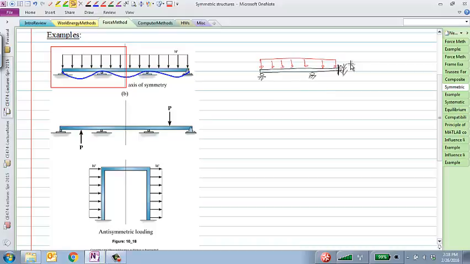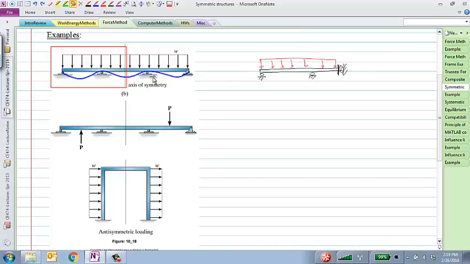Degree of indeterminacy is 1, because if I remove this support, it's now just a simply supported beam with an overhang, which is determinate. So if I put that back in, that's adding only one unknown, the moment at that point. There is no vertical reaction at that point, right? So clearly this is an easier system to solve than this.